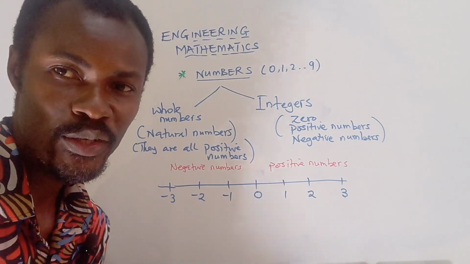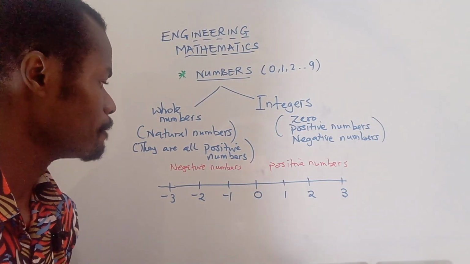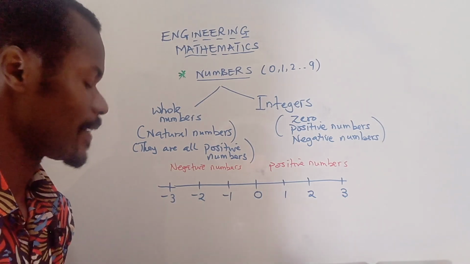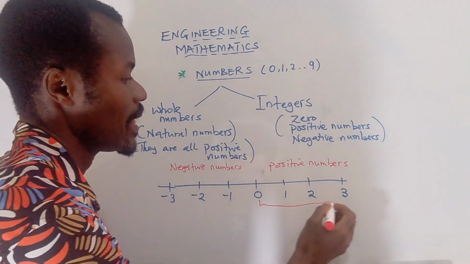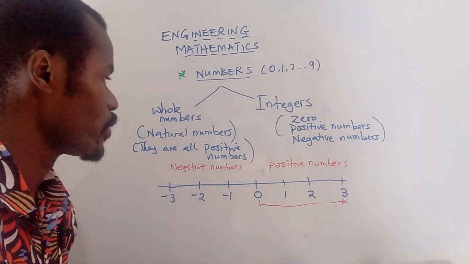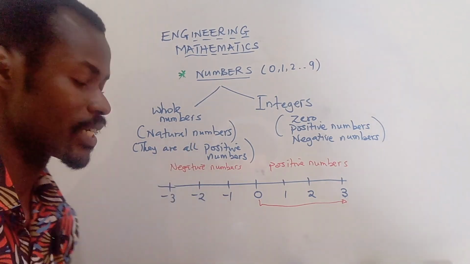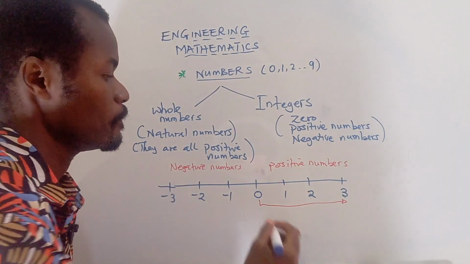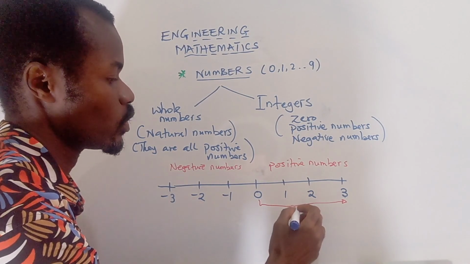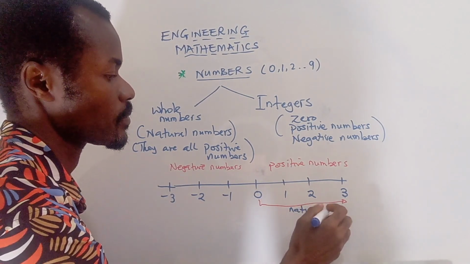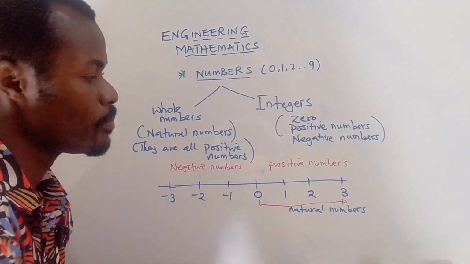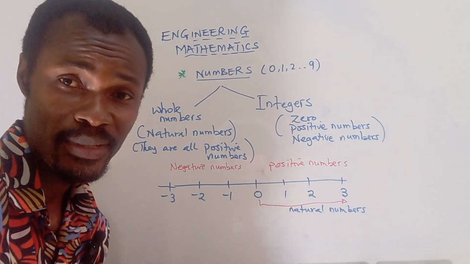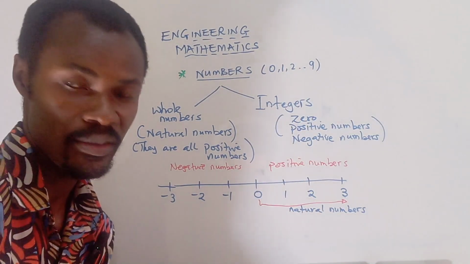Now, from what we have just learned, we can see that all these down here is where we have our whole numbers or natural numbers. So all positive numbers are called natural numbers.